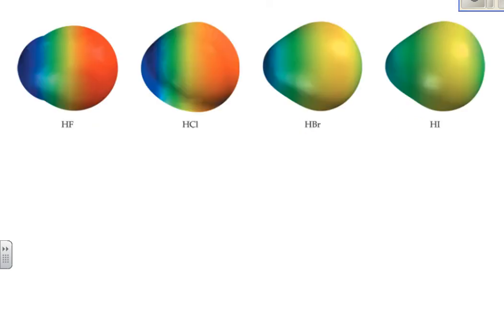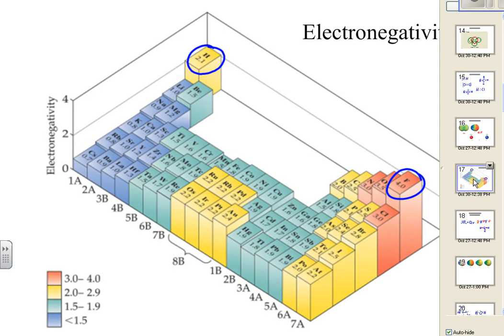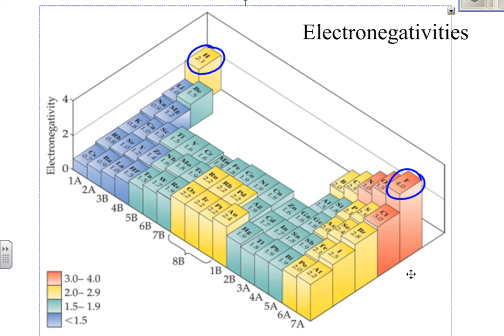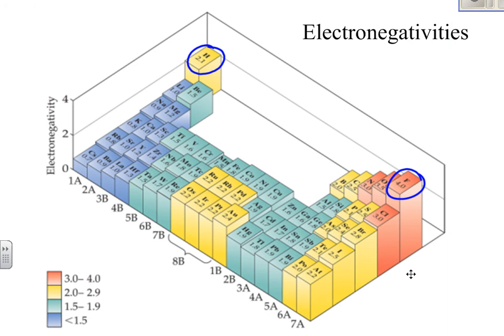If we take a look at these four depictions, we have HF, HCl, HBr, and HI. And so notice that we have a much bigger color gradient difference with the HF than we do as we progress on to HI. The reason for that, if we look back at our table of electronegativities, what happens to the electronegativity? Well, as we go from fluorine to chlorine to bromine to iodine, by the time we get to iodine, there's not much difference in electronegativity between the iodine and the hydrogen.